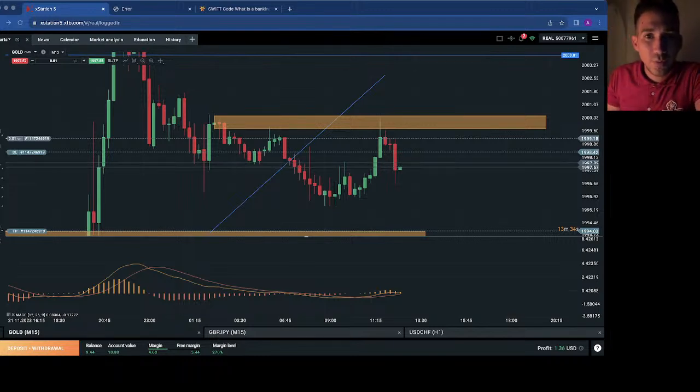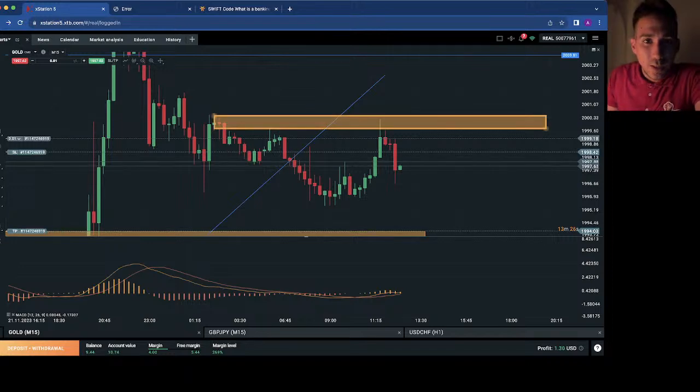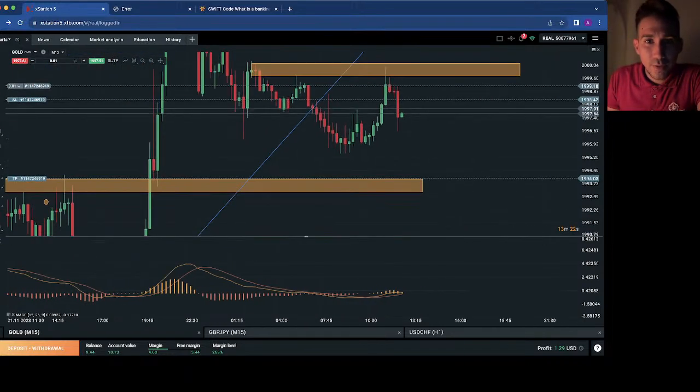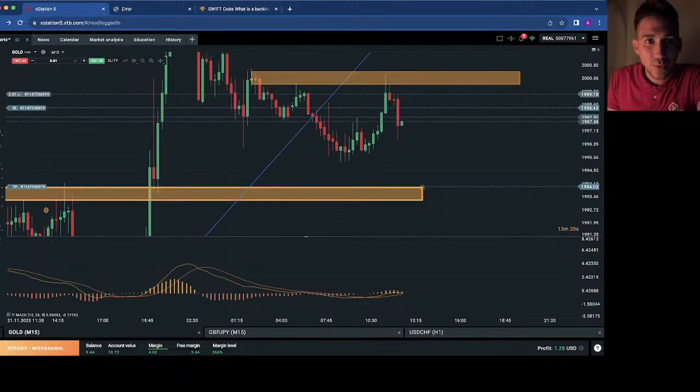Here we go on the 15-minute time frame, and what do we see? Okay, this, as you can see here, is the area that we marked, and down here we have the other one when it bounced.